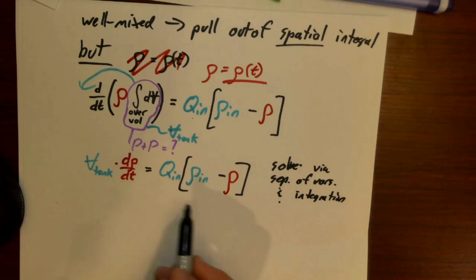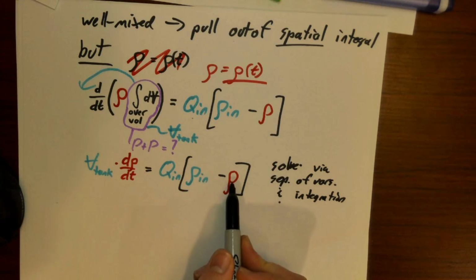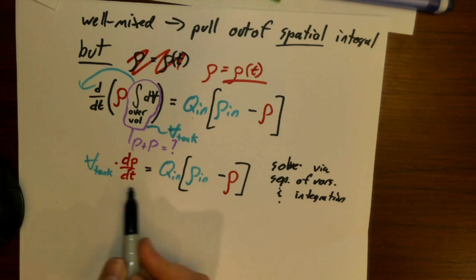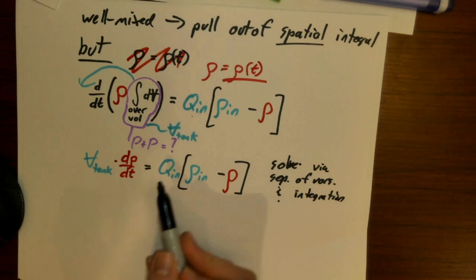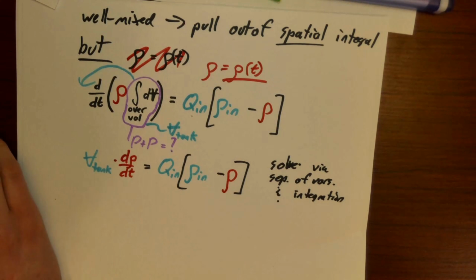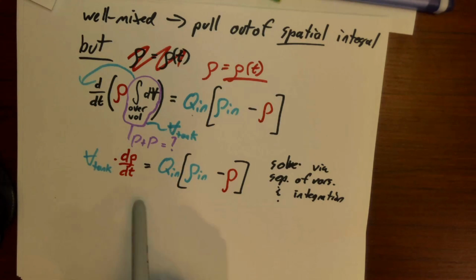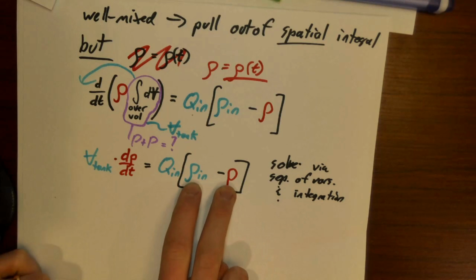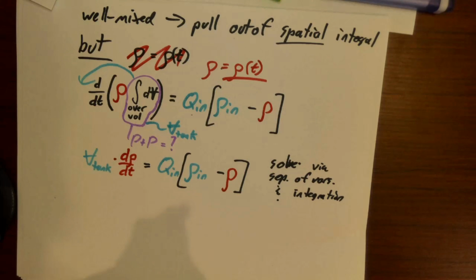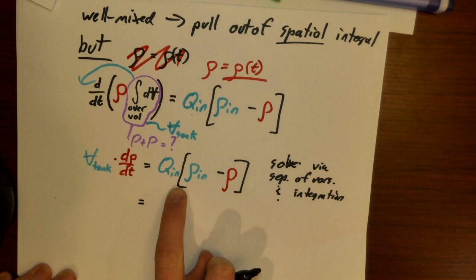So let's do that. We can try to bring all the terms with rho over to one side, all the other terms and dt over to the other side, and then we'll integrate both sides with respect to their respective variables. So let's go ahead and do that. I'm actually going to reverse the order of these two and factor out a minus 1. And then I'm going to divide both sides by V tank.